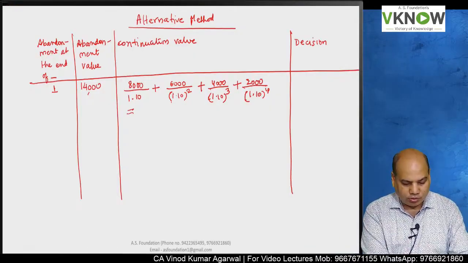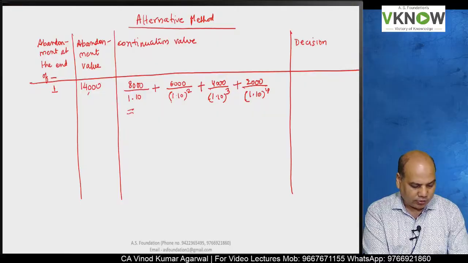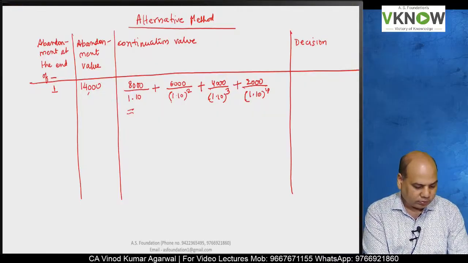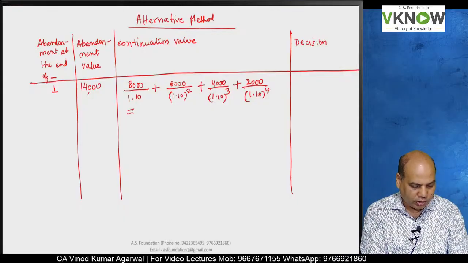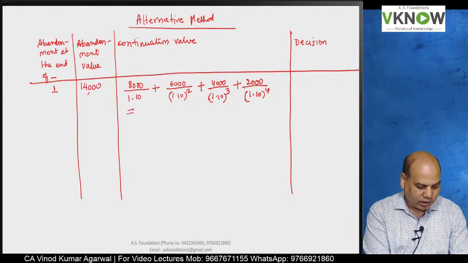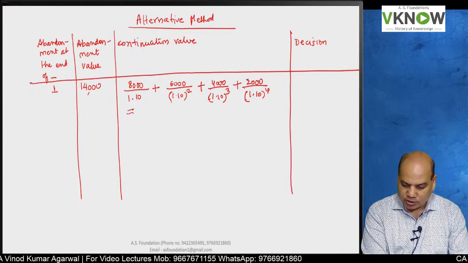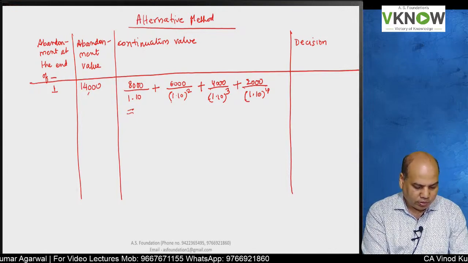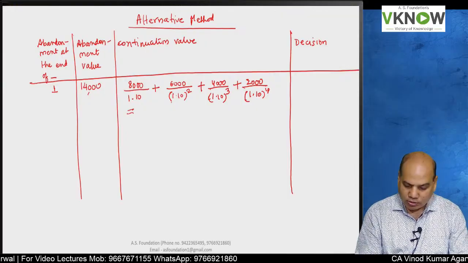So you will have to now do the calculation. 8,000 divided by 1.10 equal to memory plus, 6,000 divided by 1.10 two times equal to memory plus, 4,000 divided by 1.10 three times equal to memory plus, 2,000 divided by 1.10 four times equal to memory plus, memory recall.